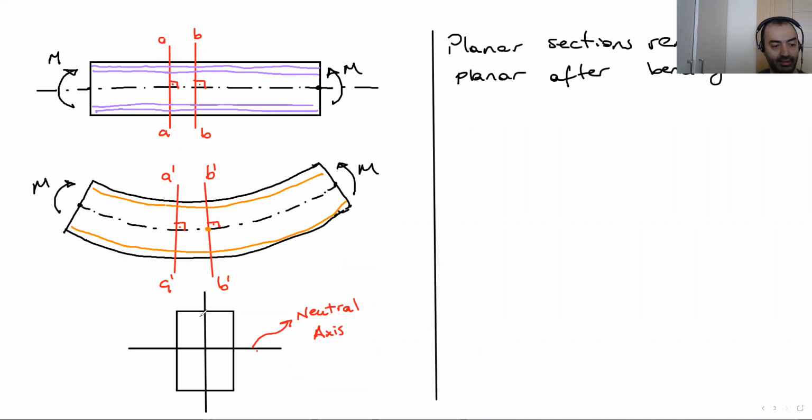So as you can see, at the bottom edge, we are going to have longer fibers. At the top edge, we're going to have shorter fibers.